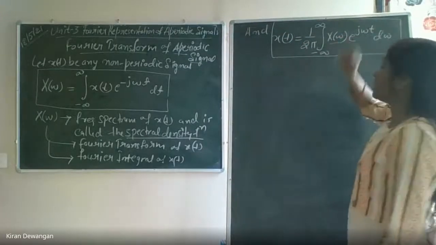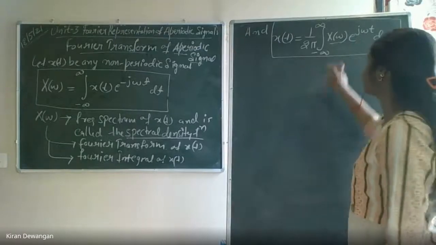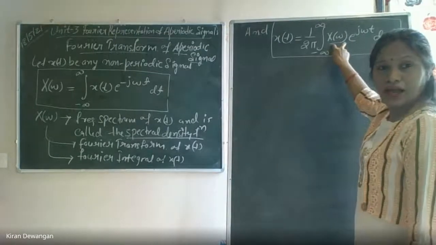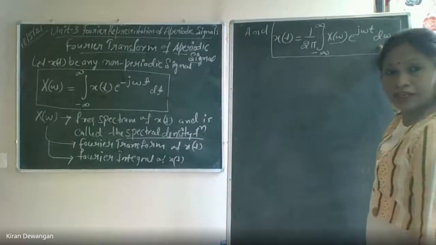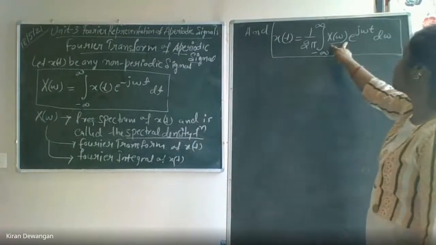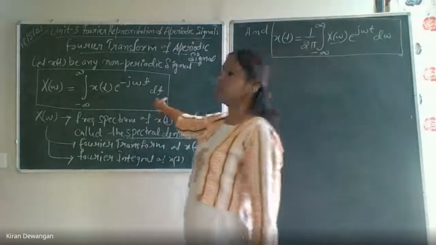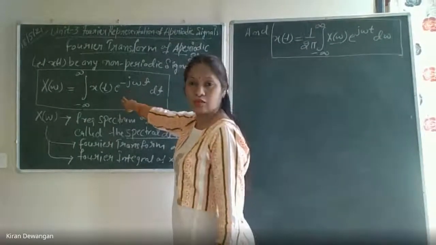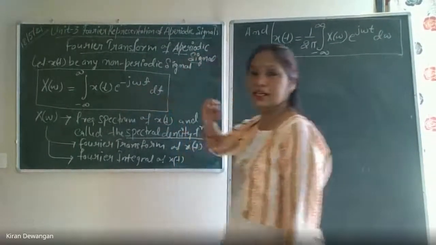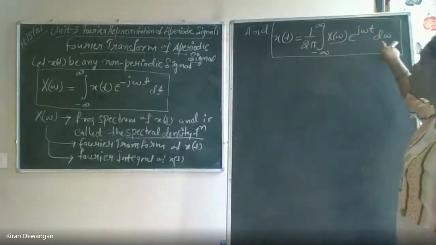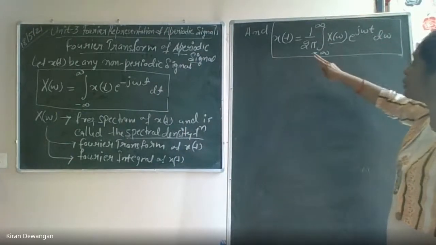If you are given x omega, it will definitely be a function of frequency, the angular frequency. So it will be in d omega terms. Okay? So x omega, it will be e to the power j omega t d omega. And this is the time domain function. Xt is a time domain function. It will be in dt terms. Here it is a frequency domain function. It will be d omega. That is the only difference.